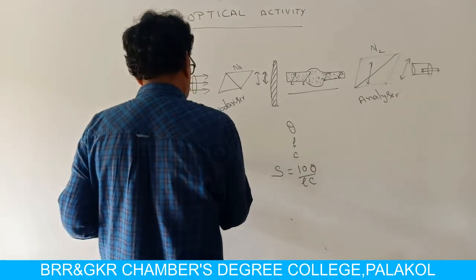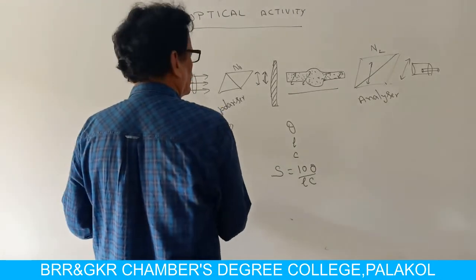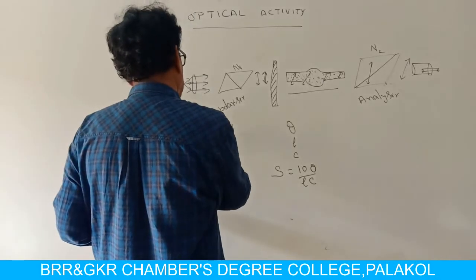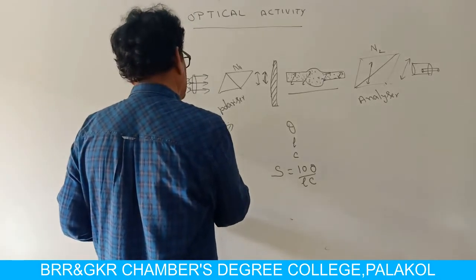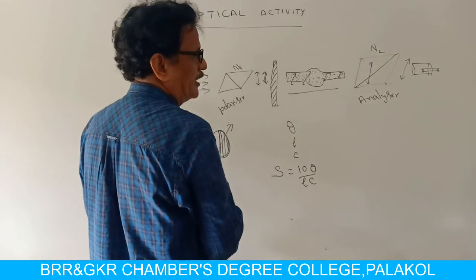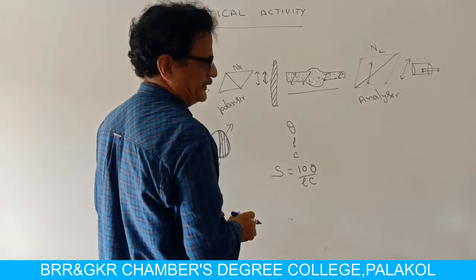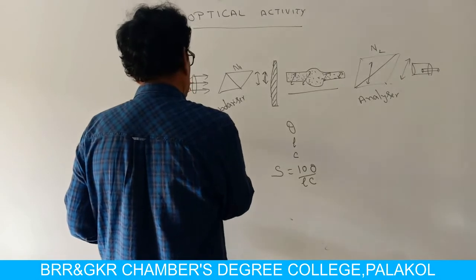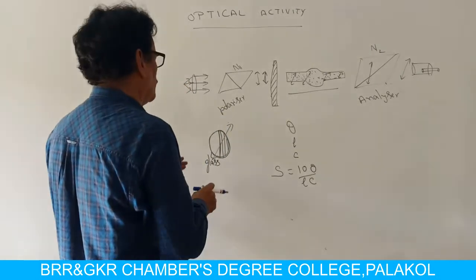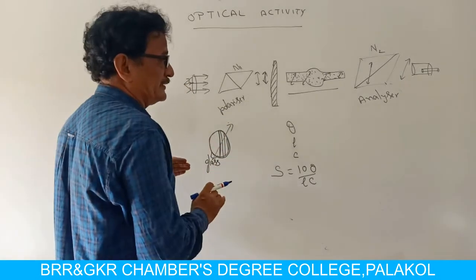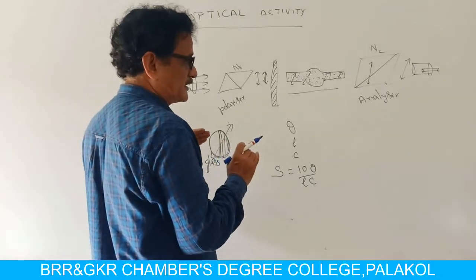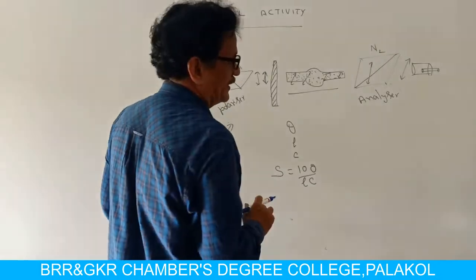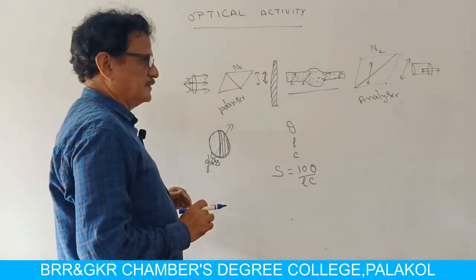Unless the incident light makes an angle with the axis of the quartz, only the component which is parallel to the axis of the quartz is allowed to pass through it, and the remaining part is cut off. The glass plate appears as it is with the same brightness, but the quartz appears dull.